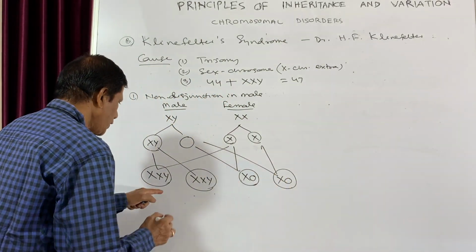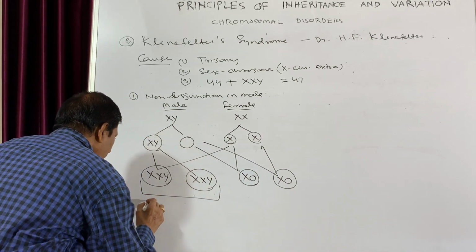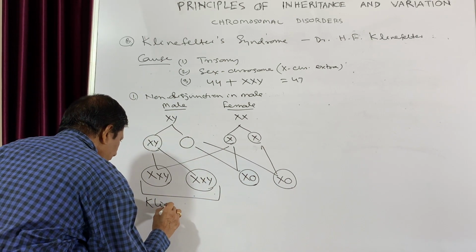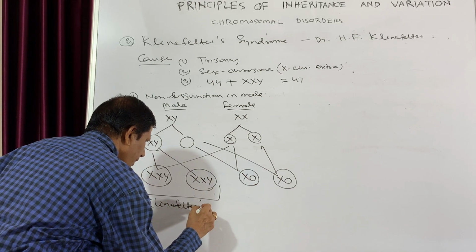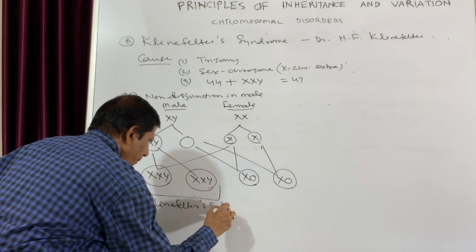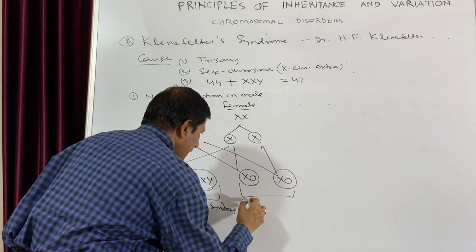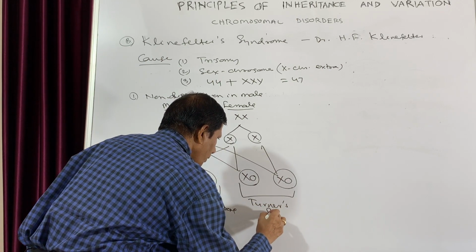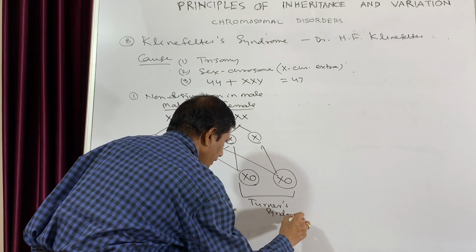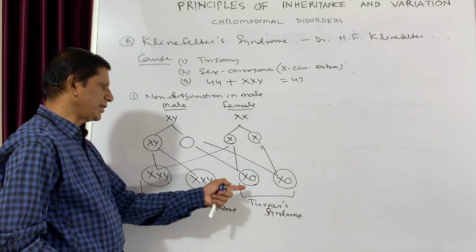Now these two are examples of Klinefelter syndrome, while these two are examples of Turner syndrome, which we will discuss after this one.